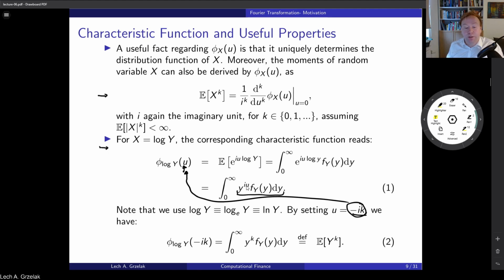This comes from the fact that if we substitute minus ik for u, then i times i is minus 1, and with the minus sign it is basically 1, and then we have k. This term by definition is the expectation of y to the power k.